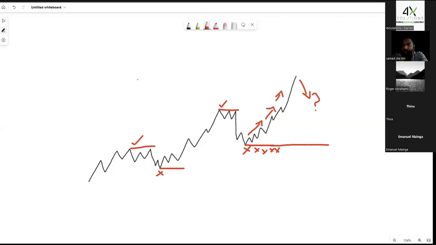If this was a 1 hour chart, right? It's very likely that on the 4 hour or the daily, there's going to be another PDA here, right? Correct? Yeah, correct.